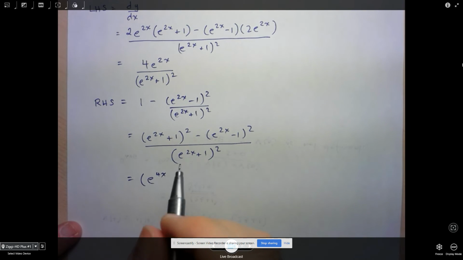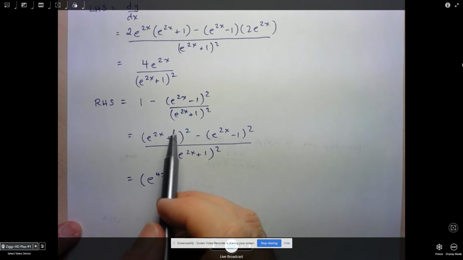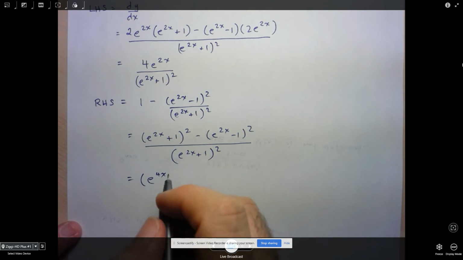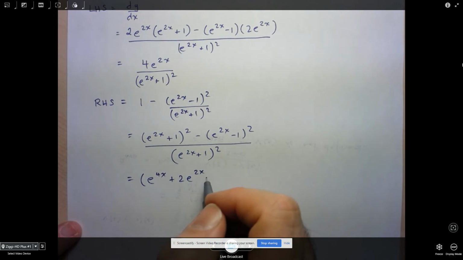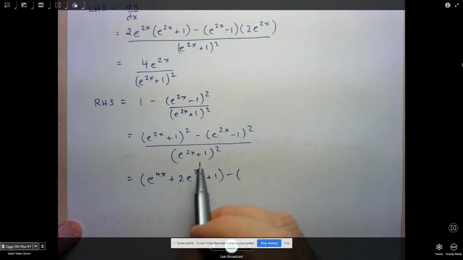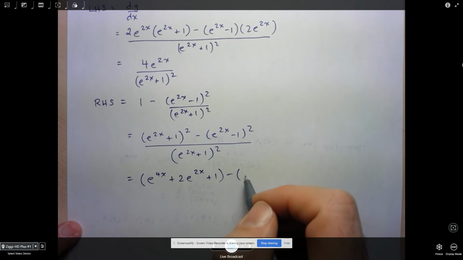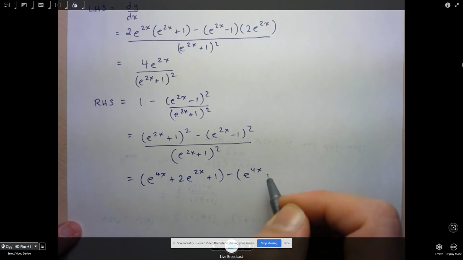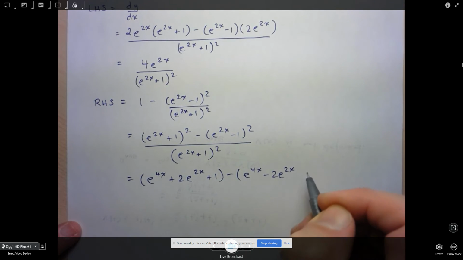Then multiply the first and last, so e to the 2x times 2. Those are your middle terms, so plus 2e to the 2x, and then plus the square of 1, so plus 1. And then minus, we're going to have something almost identical here, except the middle terms are going to be negative, so this is going to be e to the 4x minus 2e to the 2x plus 1.